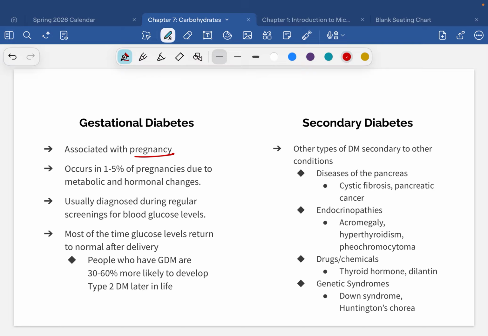So in pregnancy, sometimes those hormone fluctuations can cause diabetes, right? And pregnancy is one of the craziest times in a person's life because the hormone changes happen so fast and they're so distinct. That's why morning sickness happens.